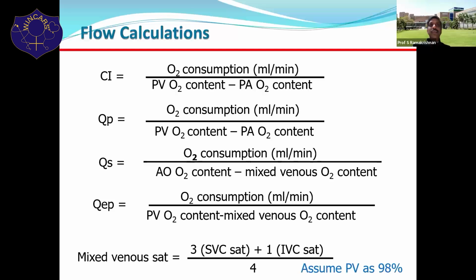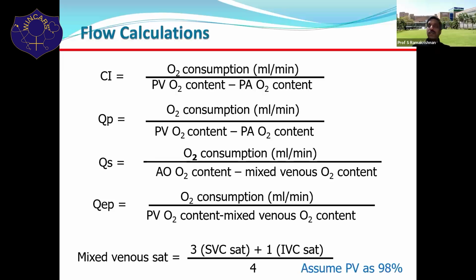QEP means the effective pulmonary blood flow. What do you mean by effective pulmonary blood flow? There can be at times a lot of problems. There can be a right to left shunt, a physiological right to left shunt, an anatomical right to left shunt, all those things. But the effective blood that is going into the lungs to get oxygenation is the QEP, which is pulmonary vein minus mixed venous.